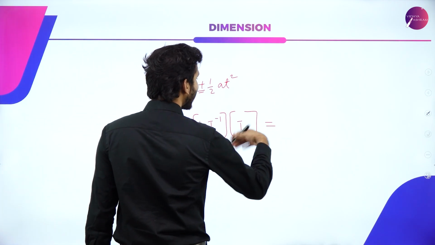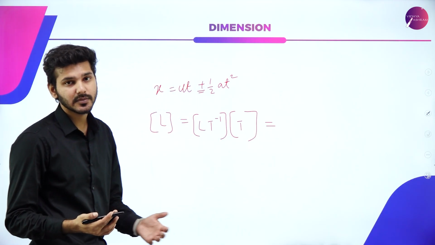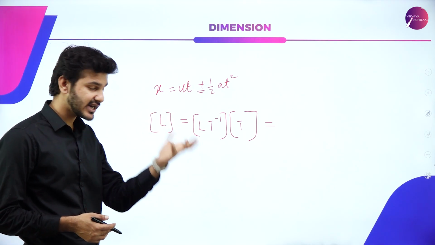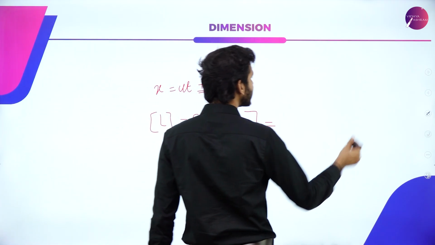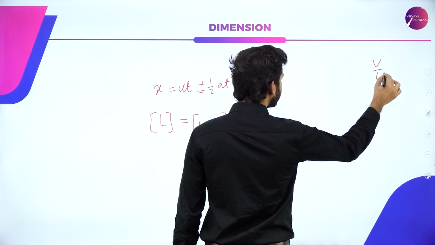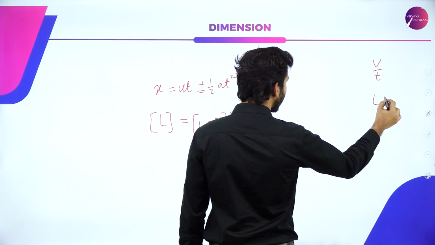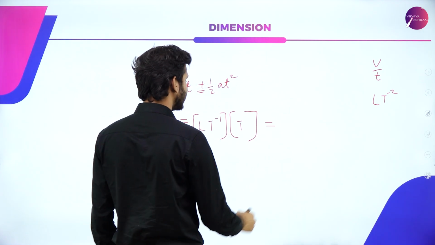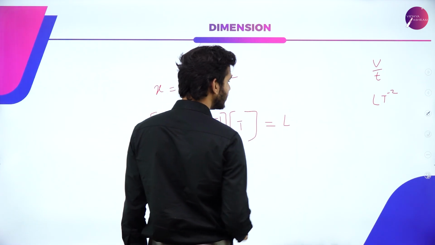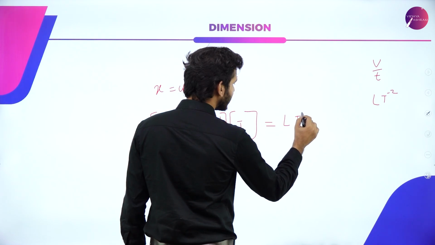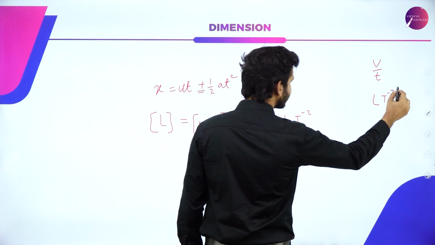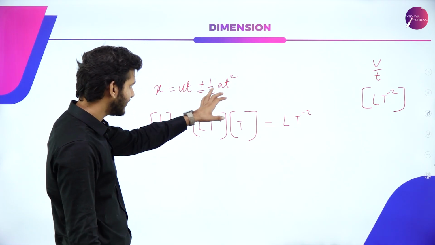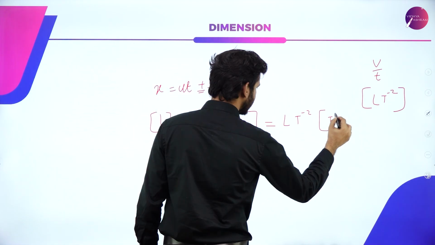Then you write at square. So a is nothing but acceleration, and we just found out that it is v by t, or simply L t square inverse. So we can say that it is equal to L t square inverse into t square.